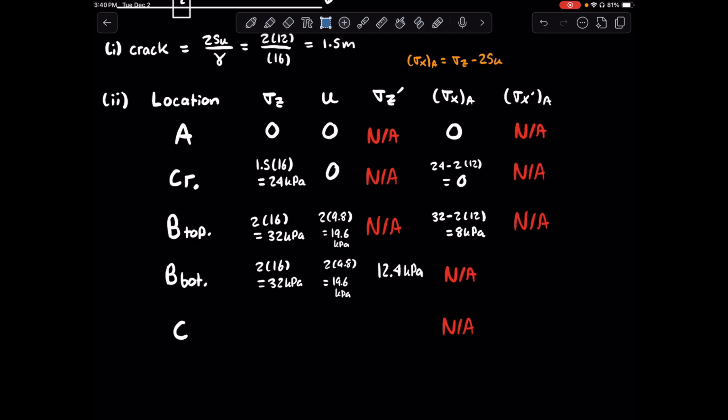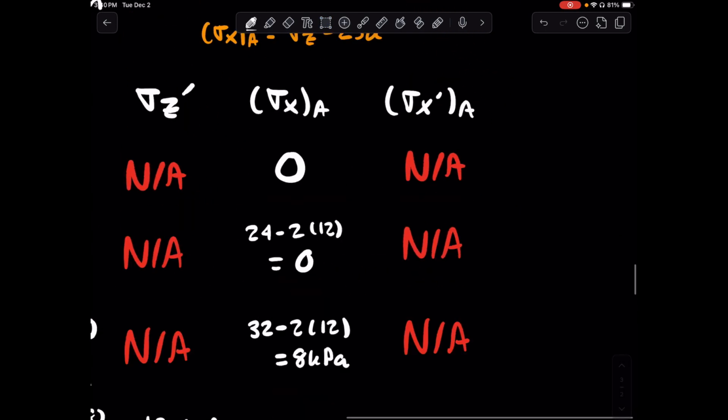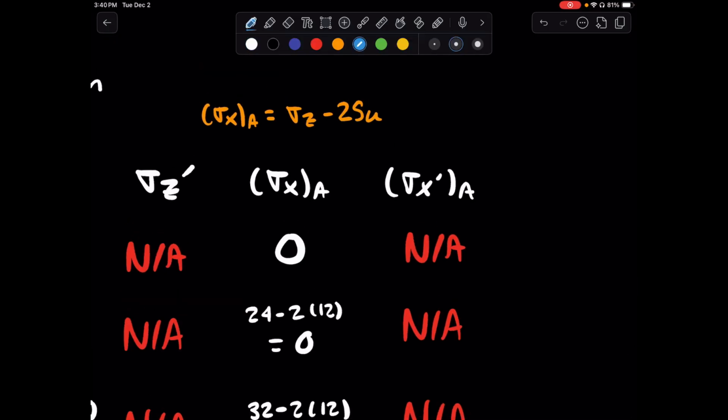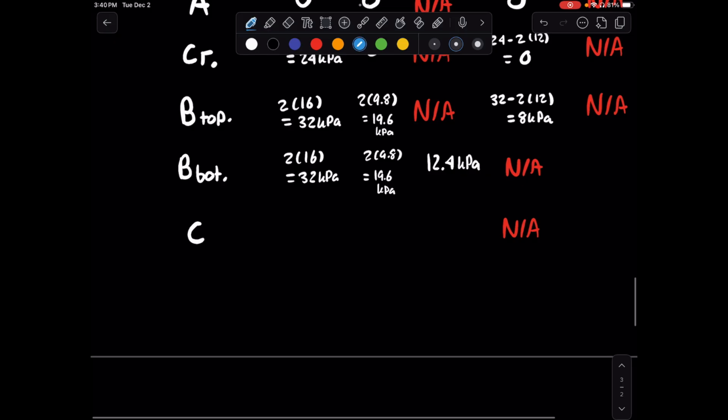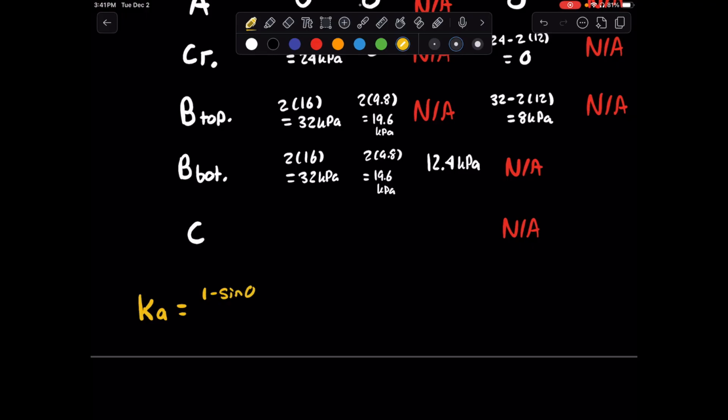horizontal effective stress value? Well, the formula for that, I'll do it in blue, is sigma x prime A is equal to Ka sigma prime Z. Now, what is Ka? Well, according to the formula sheet, Ka is 1 minus sine phi prime over 1 plus sine phi prime.